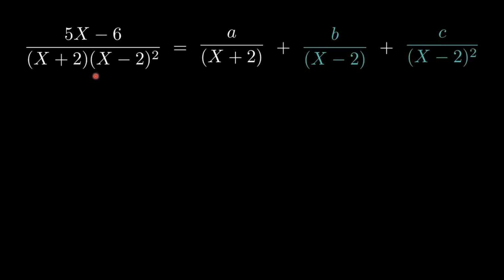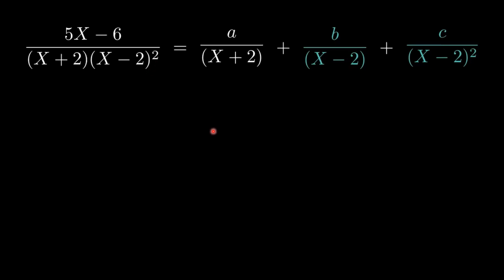Let's summarize. We have a fraction with two roots: -2 is a simple root with multiplicity 1, and 2 is a root with multiplicity 2. So the partial fraction decomposition is a over x plus 2, because -2 is a simple root, plus b over x minus 2 plus c over x minus 2 squared, because 2 is a root of the denominator with multiplicity 2.